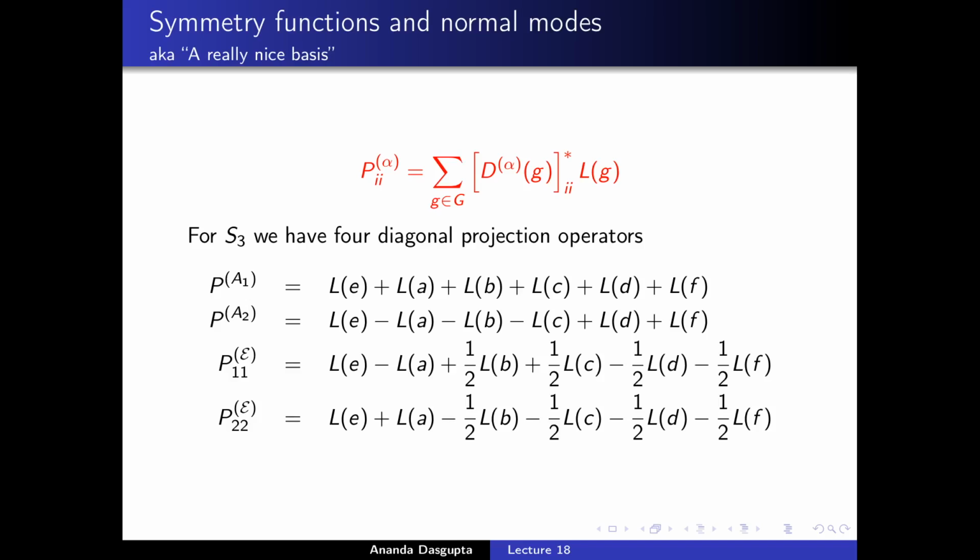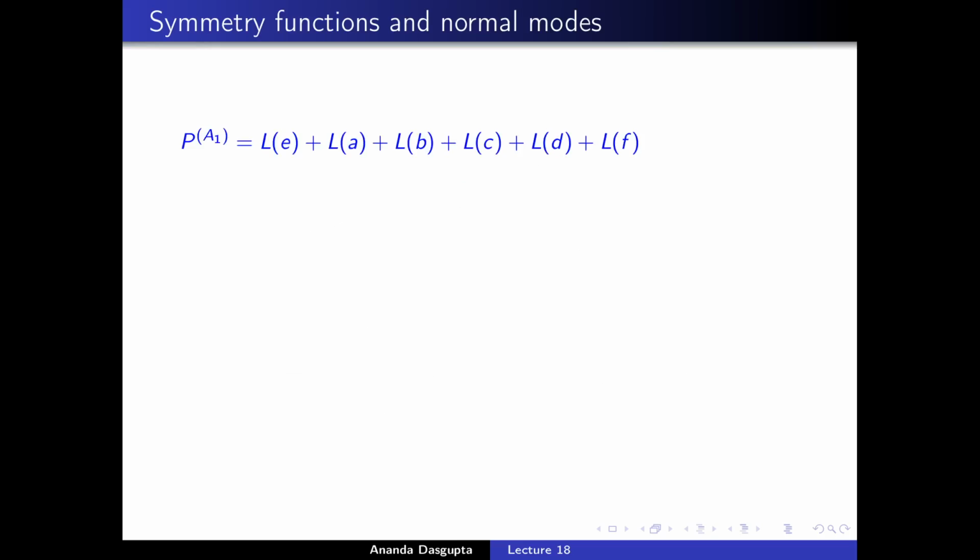And the same goes for PA2. Now PA1, as we have just figured out, is LE plus LA plus LB plus LC plus LD plus LF. Let's start with an arbitrary vector in our 6-dimensional vector space and apply each of these operations one after the other on it, add them all together and see what our final result of PA1 acting on our vector V is going to be.